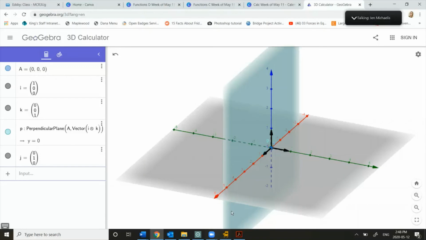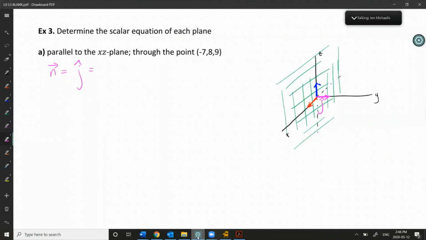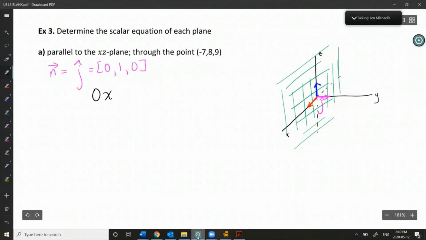Now our plane also has a specific point, so we need to see where to move this plane in space so that it actually contains that point. So let's hop back over here. Here's our normal vector, it's going to be 0, 1, 0. And we're going to calculate what we need to get it through the point -7, 8, 9 by solving for d.